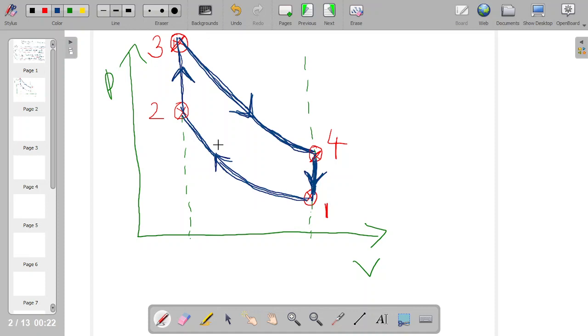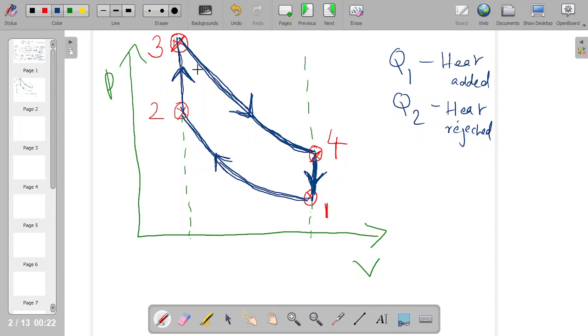Q1 is the heat addition. Normally Q1 represents in thermodynamics the heat added to the system, and Q2 is heat rejected. So this is heat added and this is heat rejected. Where is the heat addition process?